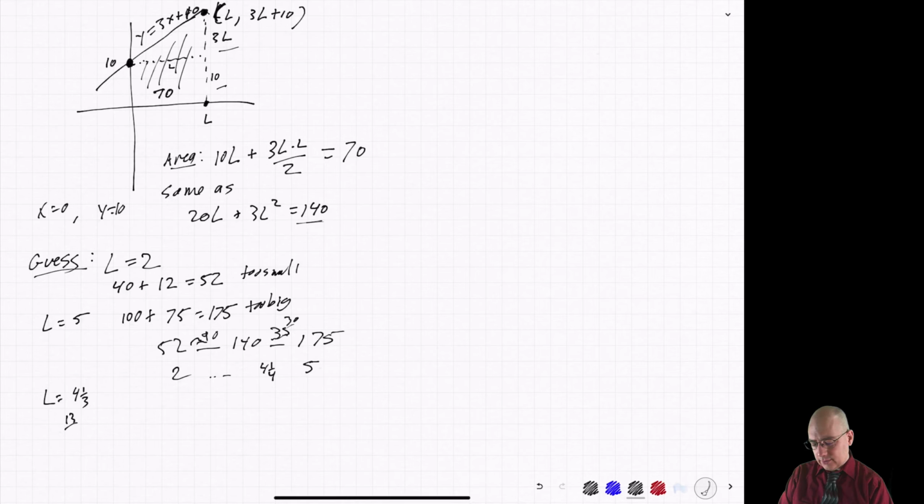We got 12 13/3, and that's 20 times 13/3 plus 3 times L squared, so that's 13 over 3 squared. So one of these 3's cancels. 20 times 13 is, what would that be, 260?